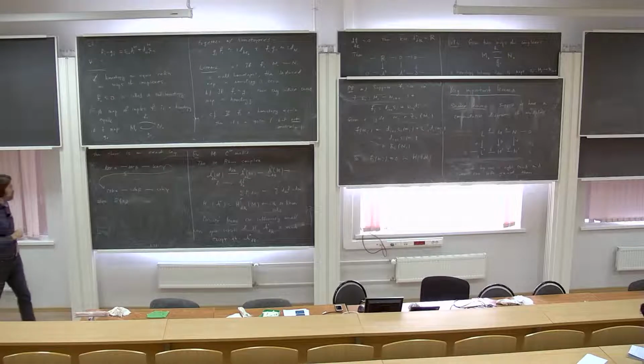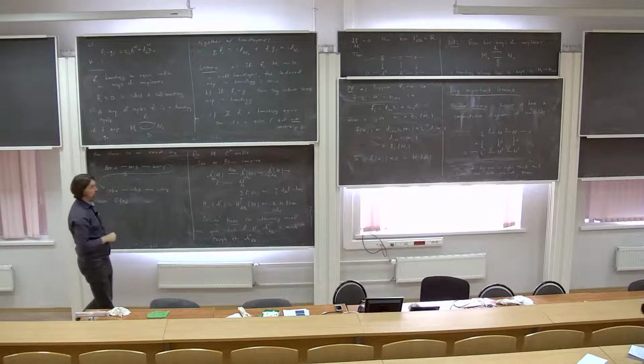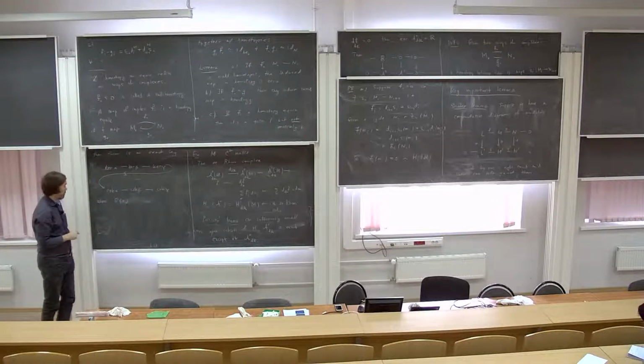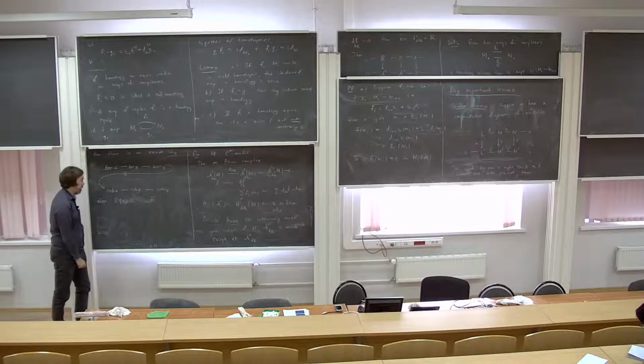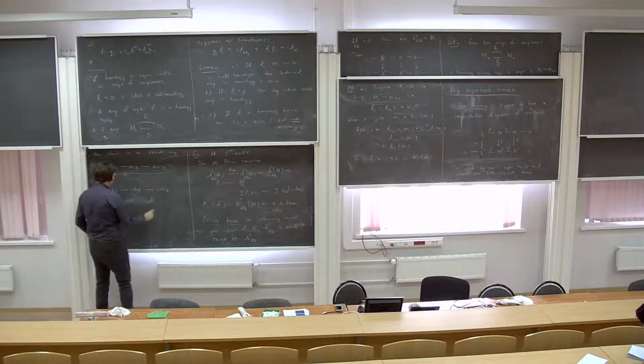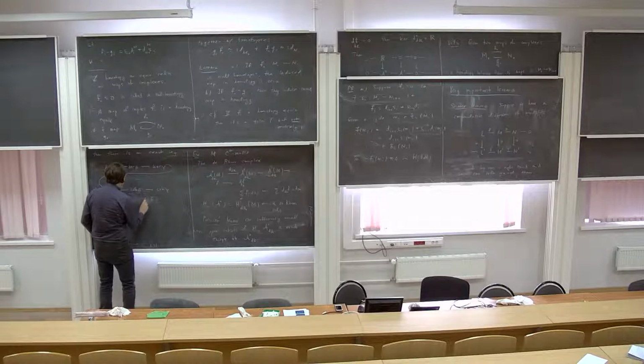Because the map from M to N is a surjection, I choose a lift n tilde of n to M. Then I apply beta.